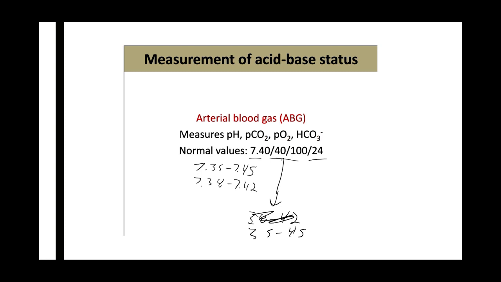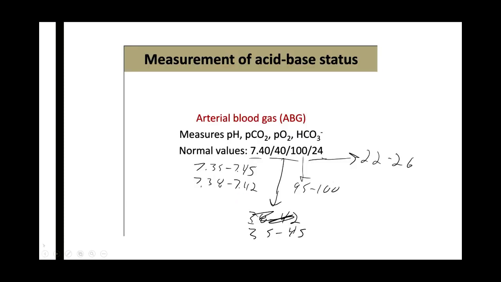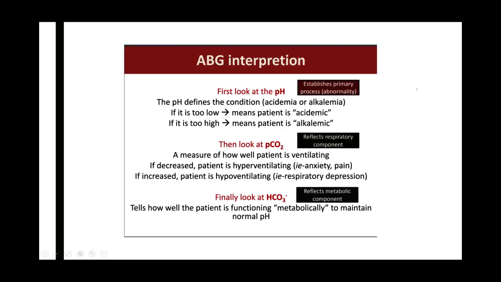PO2 normal range, 95 to 100. And normal range of bicarb in the blood is 22 to 26. So memorize those ranges. And if not, just memorize the normal values.